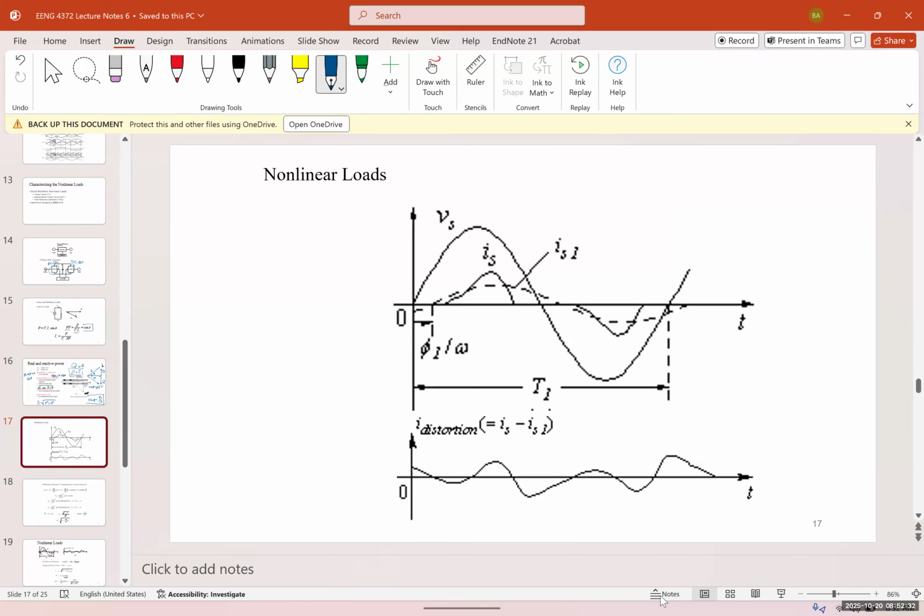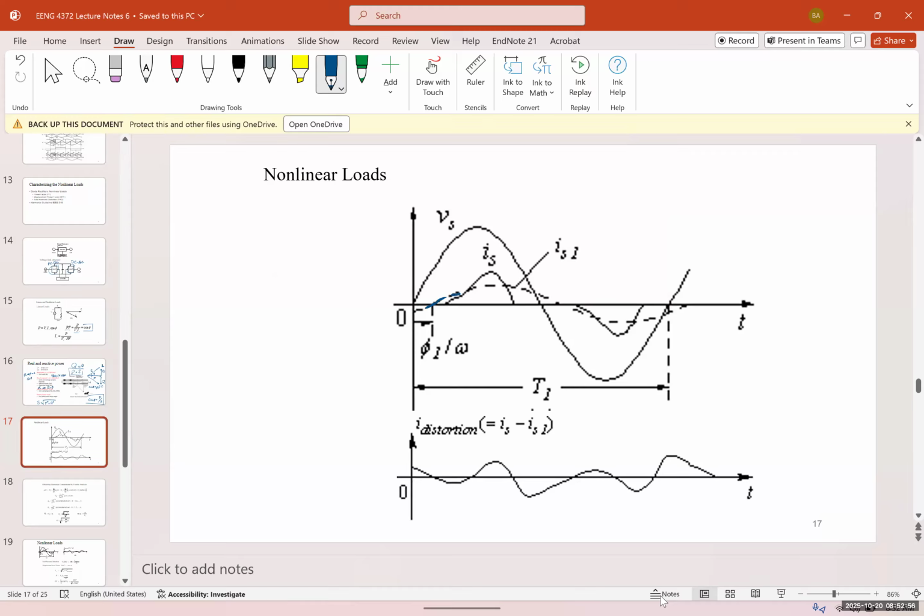Now a nonlinear load looks like this. It's a little different. For example, here we have VS, but IS in this system, because we have a nonlinear situation, it cuts at the middle. We have distortion, and this distortion is going to be equal to IS minus IS from the input.